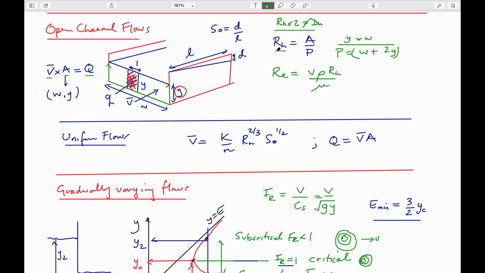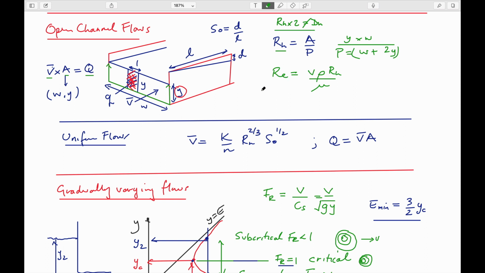If you want to calculate the hydraulic radius, it's equal to the cross-sectional area divided by the perimeter. The perimeter is just this green line, the wetted perimeter, because the top doesn't matter. The cross-sectional area is the width times the depth, and so the hydraulic radius is just width times depth divided by the wetted perimeter.